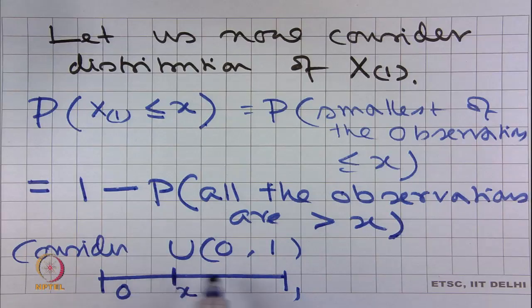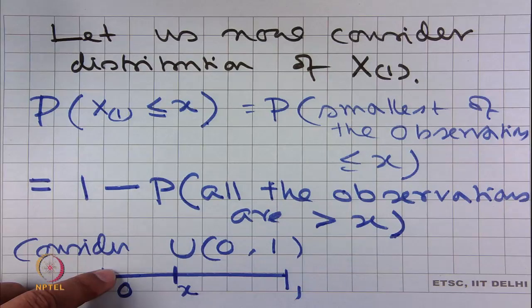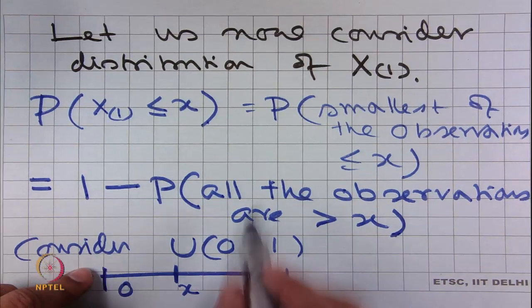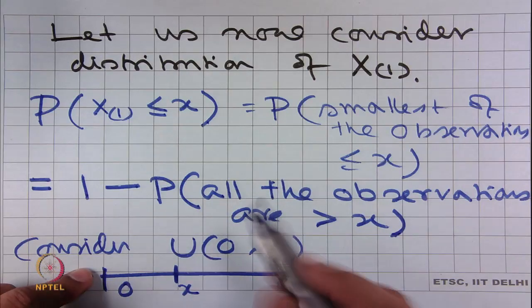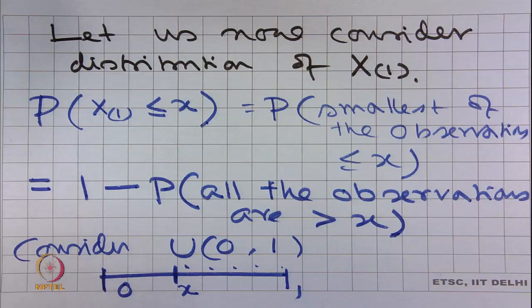Therefore, if any one of them is less than x, then the minimum has to be less than or equal to x. But if two of them are less than x, still the minimum is less than or equal to x, and if all n are less than x, then also the minimum is less than or equal to x. Therefore, the probability that the minimum is less than or equal to x is the complement of all the observations being greater than x.